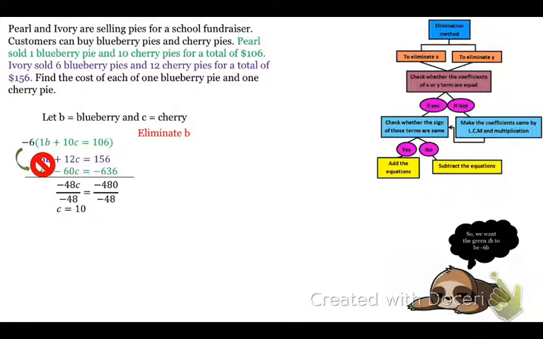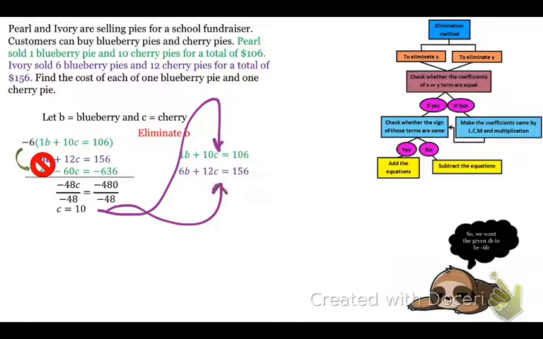Okay, and then I just rewrote these equations over here since we had messed with them a little bit. We can take that C and plug it into either one of these equations. So I could plug it in right there, or I could plug it in right there. It doesn't matter, whatever you want to do. I think I plugged it into the green equation. So 1B plus 10 times 10 equals 106.